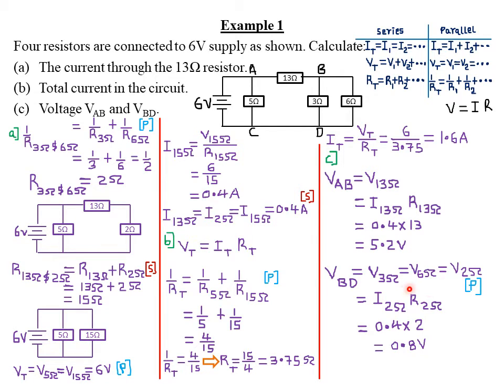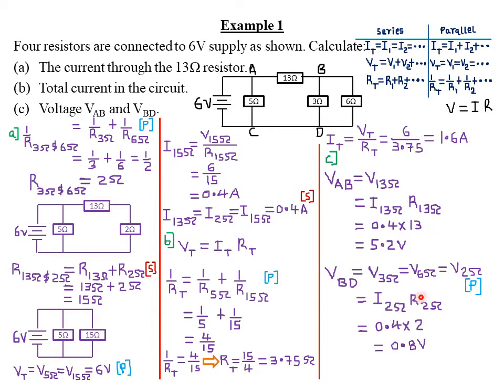Because you already have the current through the 2 ohm resistor from this working here, it will be easier for us to use the values of the 2 ohm resistor in order to find our voltage. So again, we know that voltage is equal to current times resistance, that is V = IR.